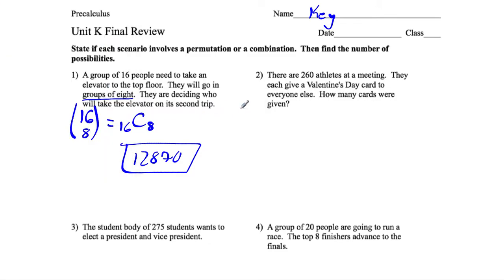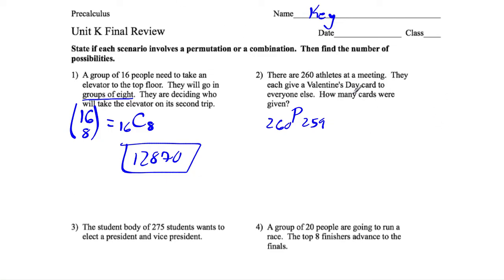So this is 260 permutation 259, which, if we think about it, is n factorial over n minus r factorial, which is 260 factorial over... yeah, no, that's too big.